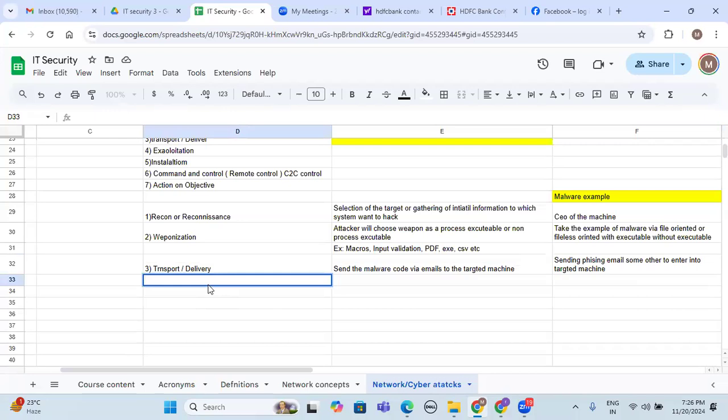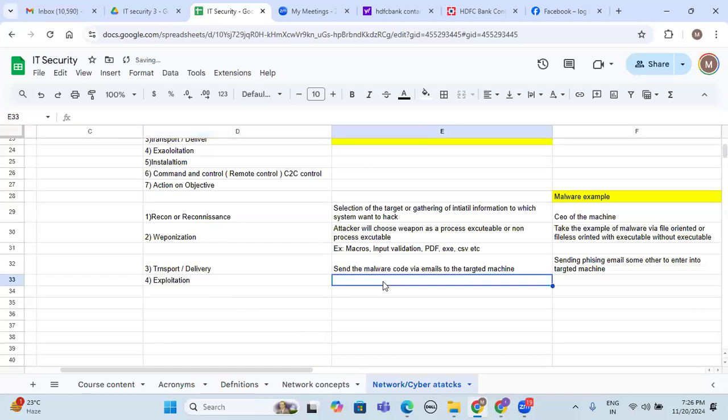Next one, exploitation. Exploitation means identifying the weakness, vulnerability, bug, problem or issue.